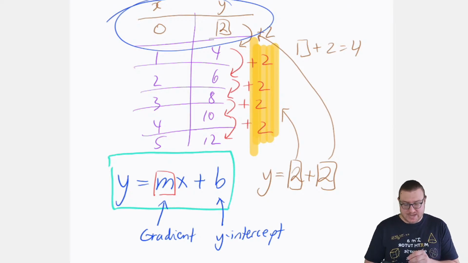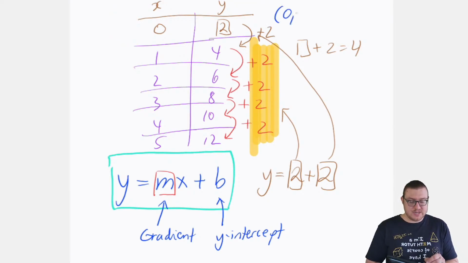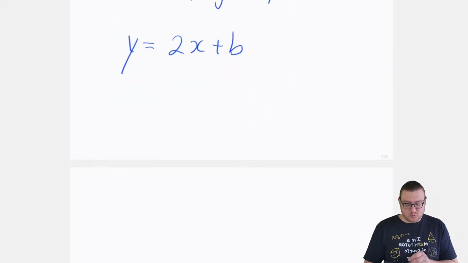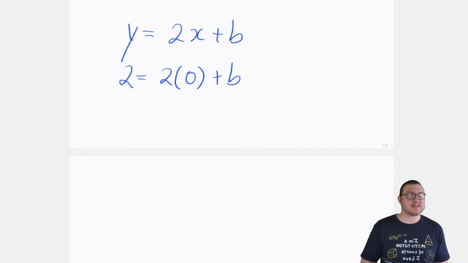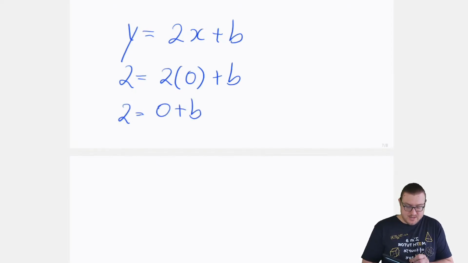They are pairs. They are coordinates. (0, 2) is the coordinate here. So if we replace y with 2, that is correct. We can do that. But then we also have to replace x with 0. And now what the equation tells us is 2 = 0 + b. So we have 2 is b.